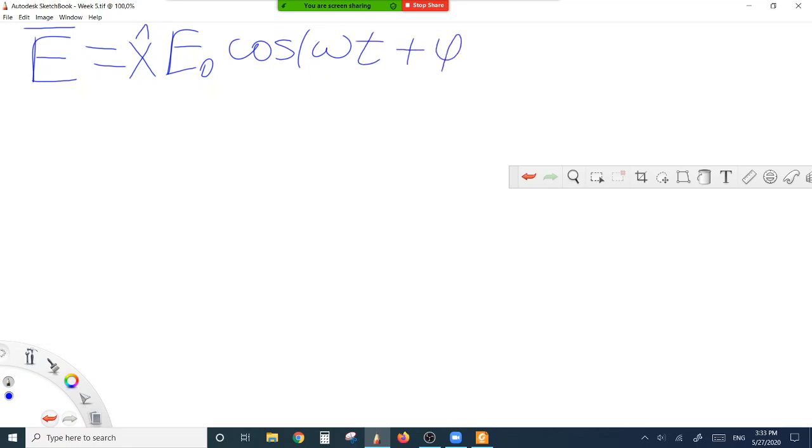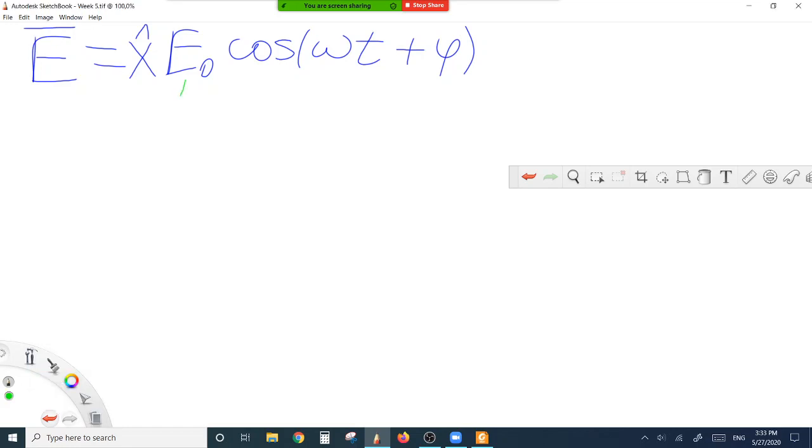The general form of a harmonic function, in our case in the x direction, is E0, the amplitude, times cosine(omega t plus phi).